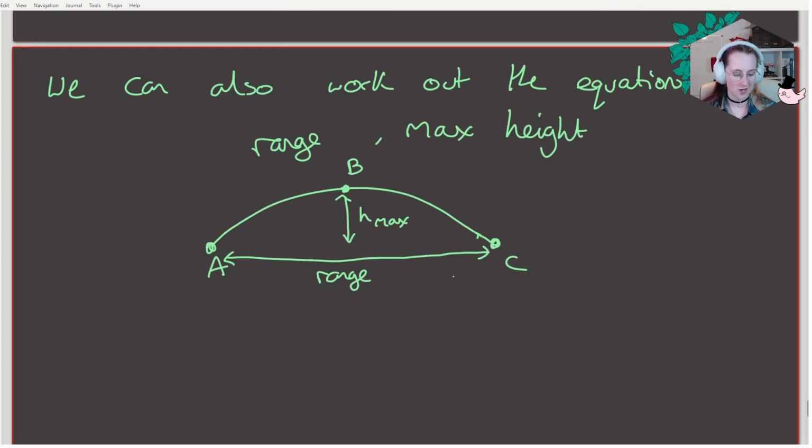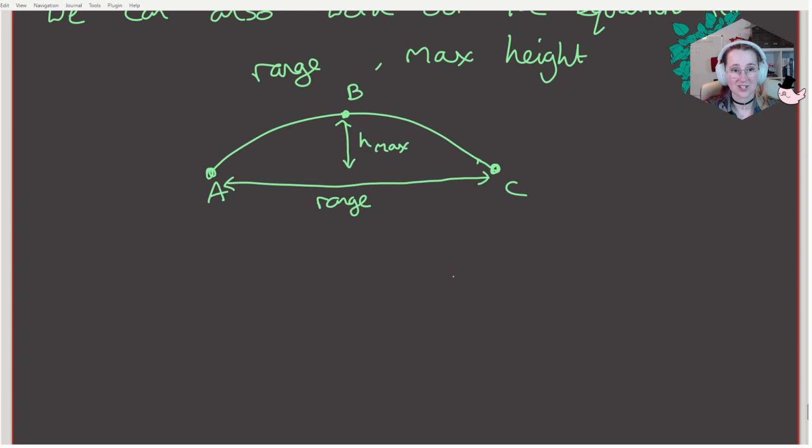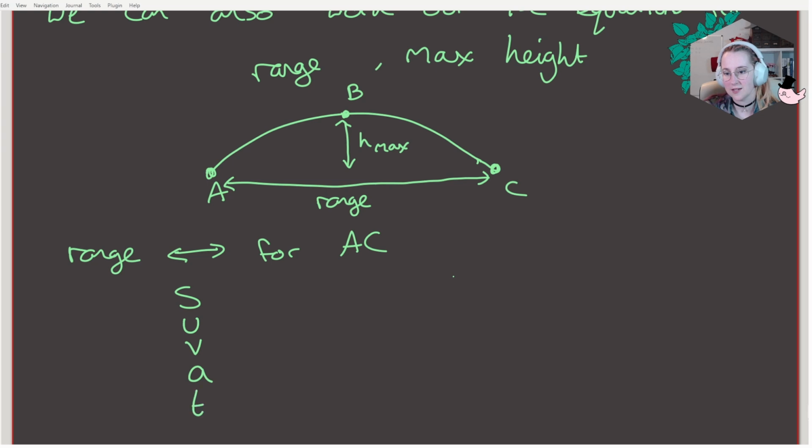Yeah. Okay. So going back to it. Our range is essentially equivalent to this distance for initial point A and final point C. Okay. So SUVAT in the horizontal, we have 0 acceleration. That's by default. We have some initial velocity, but remember that it's u cos theta.